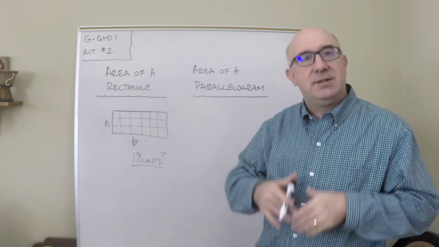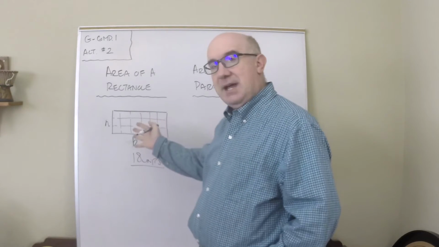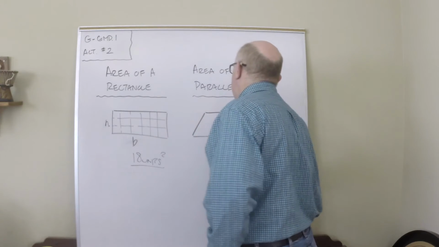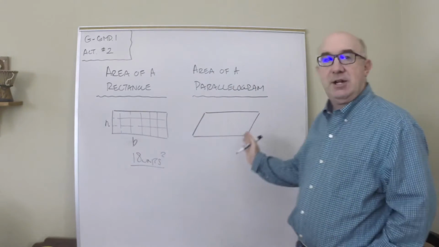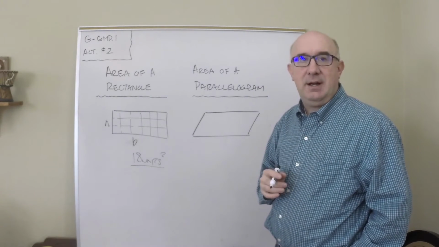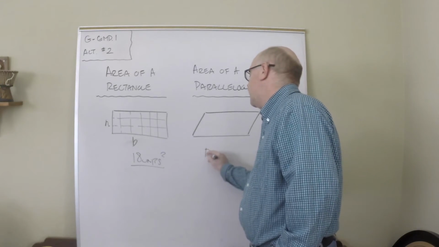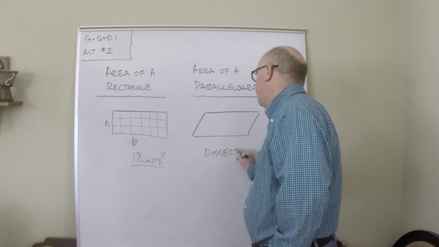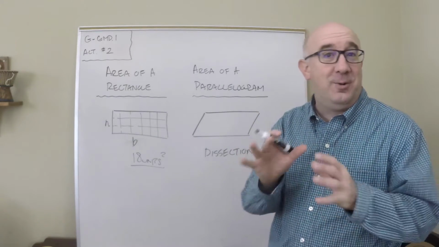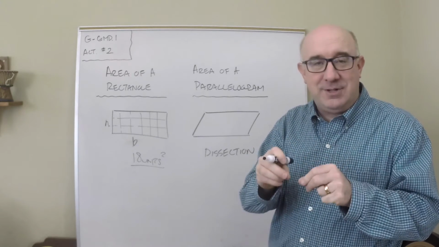From there, we begin to then say, how can we obtain the other formulas and use this as the basis? So a parallelogram, I think most students quite immediately see a connection between these two, that their formulas can be quite synonymous, actually. And the first way students see it is by way of dissection. Much like if you're in the biology class and you're dissecting the frog or whatever, you're taking pieces or parts of that object, okay?